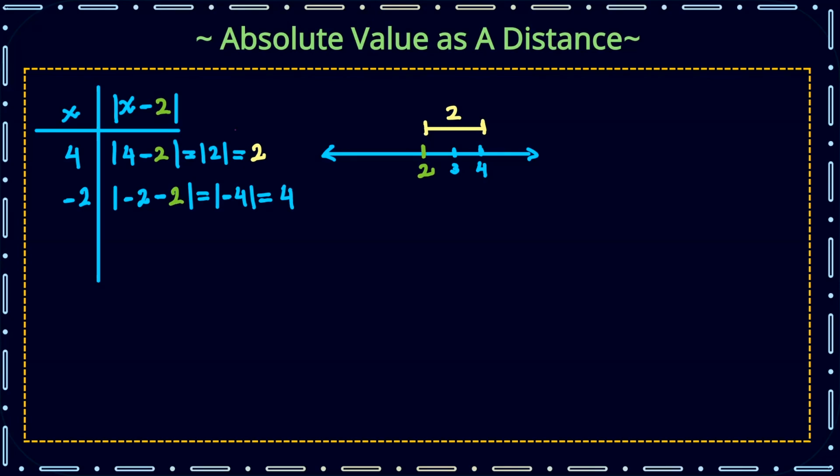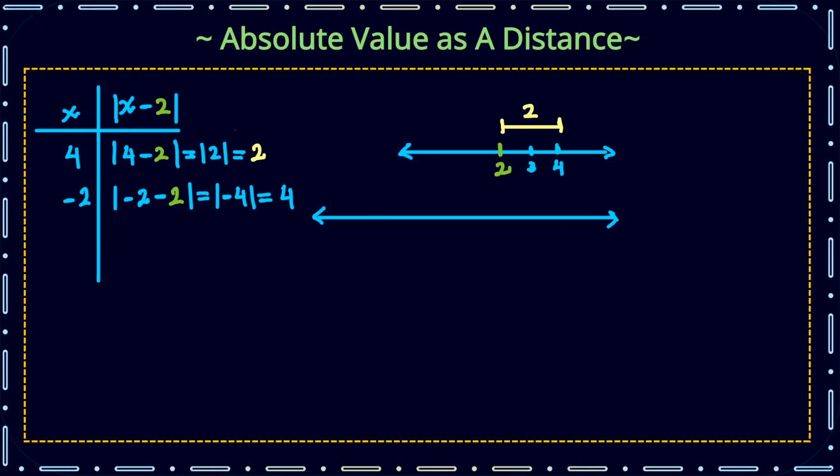Let's see if this is consistent with the number line. So again, locate 2. We are measuring x from 2, and this reads as the distance between -2 and 2. So locate -2 on the number line.